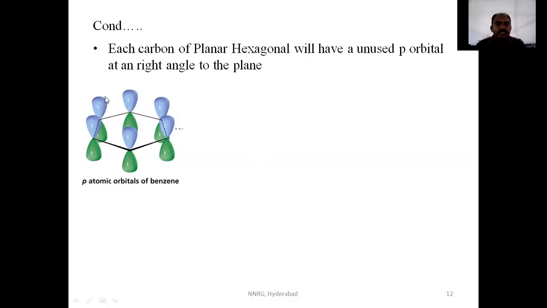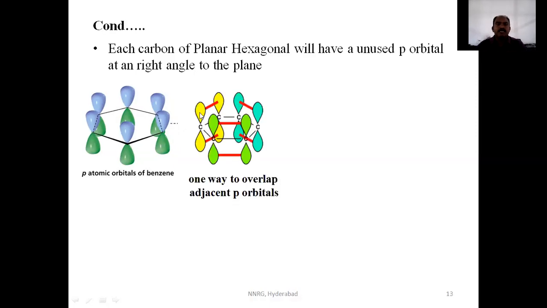So when you see here, this carbon and this carbon have p orbitals, which are perpendicular to the plane of the structure, overlapping each other to form a pi bond, and these two carbons form a pi bond, and these two carbons form a pi bond. So three pi bonds are formed.